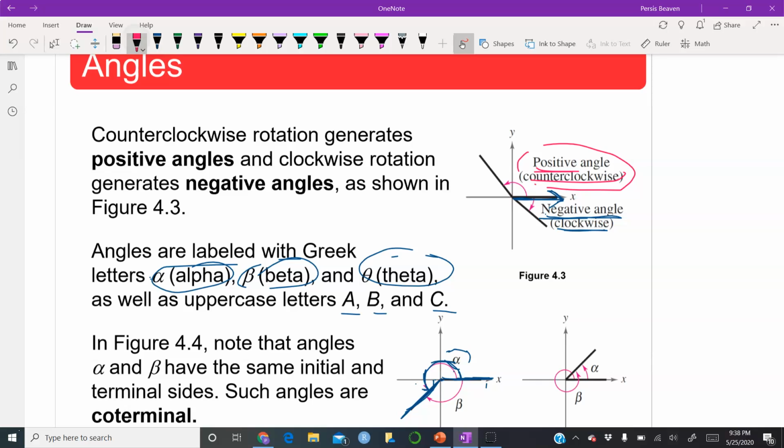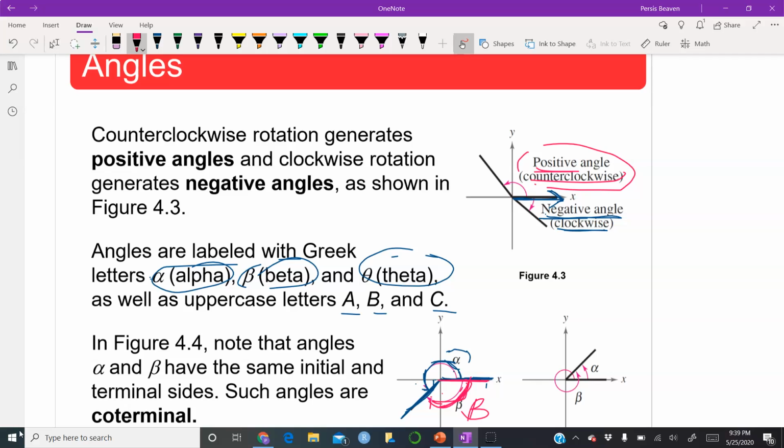Now, we also have another angle from that same Cartesian plane that also starts on the positive x-axis, but the rotation is clockwise, so it's going in the same direction as your clock. That angle is denoted with the Greek letter beta, and that would actually be a negative angle.